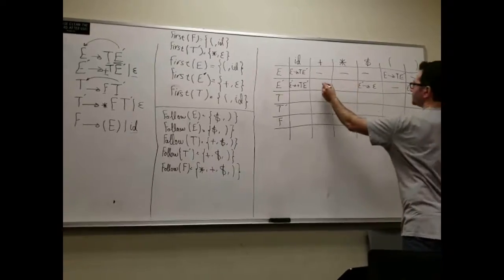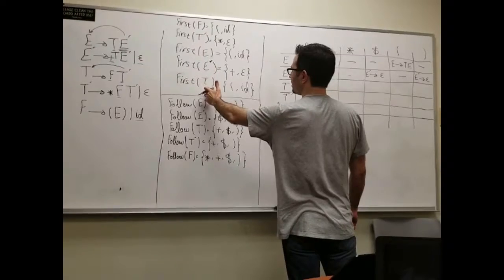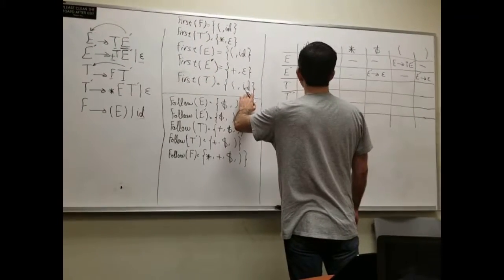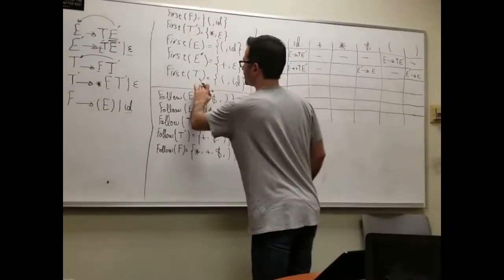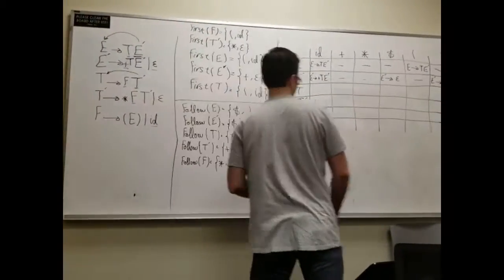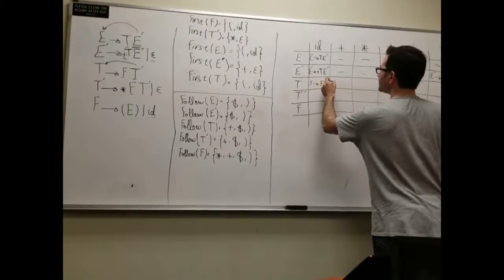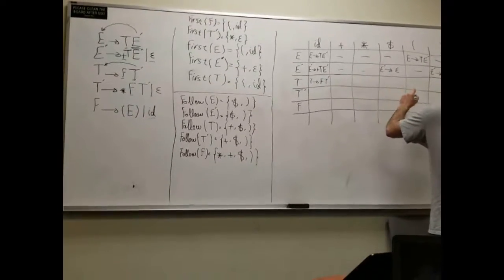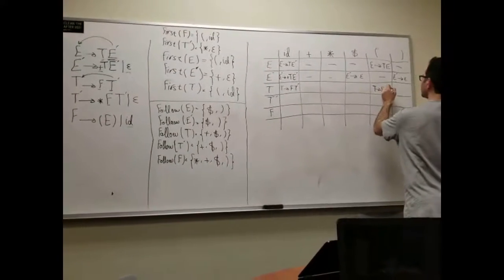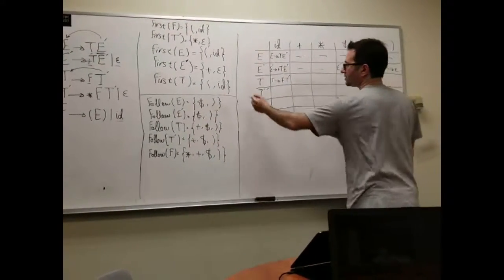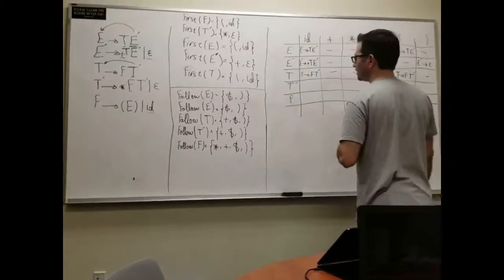And that's it. For T, if we face ID, first we need to check the first of T. We have ID, we have left parenthesis. So we go for the T rules, as we have it right there. So T goes to F T prime, and for left parenthesis we also have T goes to F T prime. And because we have no epsilon, we don't need to go for the follow set.